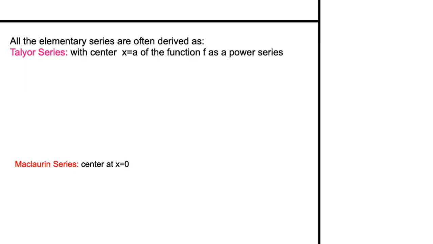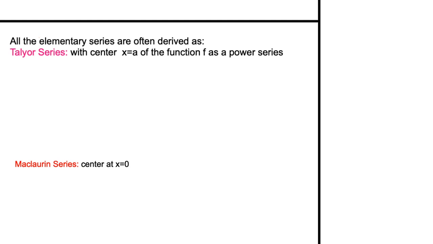All the elementary series are often derived either as a Taylor series or Maclaurin series. The Taylor series with center at x equal to a of the function f is a power series.